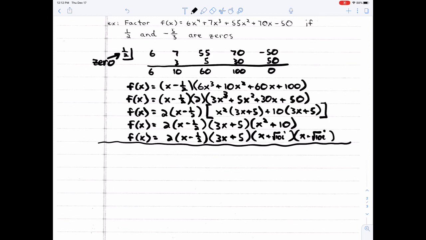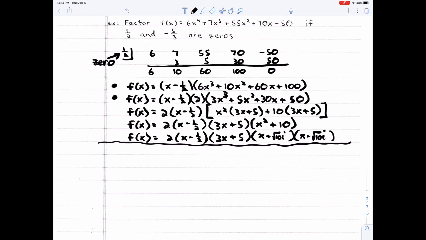But let's say at this point right here, you don't see that you can do anything. Well, it'd be good if you saw you could take out the 2 at least. But if not, you could still end up getting the answer. So I know that negative 5/3 is another zero.